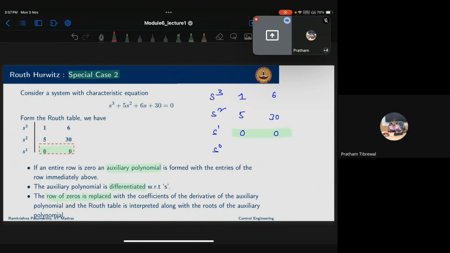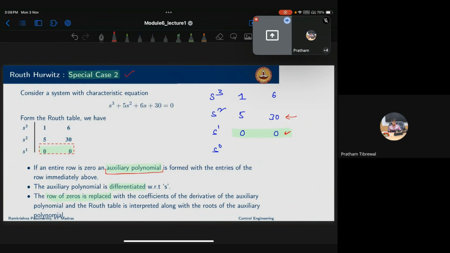The entire row is 0. In this case, this is called the special case. You get all the elements in a row as 0. In this case, we form something called the auxiliary polynomial. This is the row where we are getting zeros. We will check the row just above the zeros.